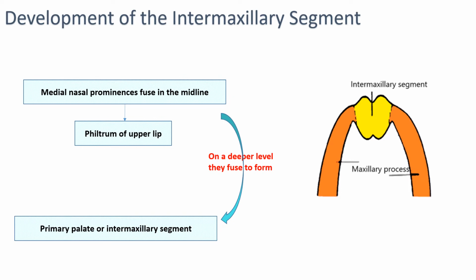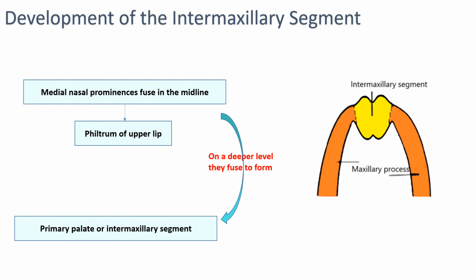The intermaxillary area is actually important for a few different reasons. To summarize, it's basically the triangular area that will help to separate the developing oral cavity from the developing nasal cavity. And it's essentially the region that's going to later on help to carry the four maxillary incisors.